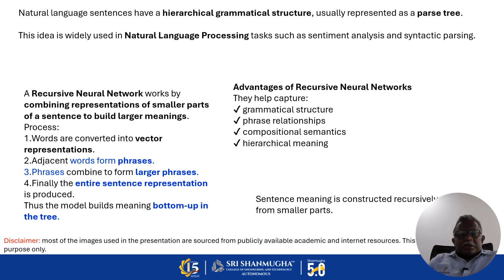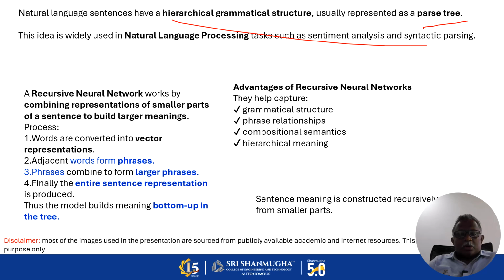As I said, it has a wide application in NLP and it forms a parse tree. It tries to combine the smaller parts: if you give any sentence, the words will combine into phrases, and those phrases will become a sentence.